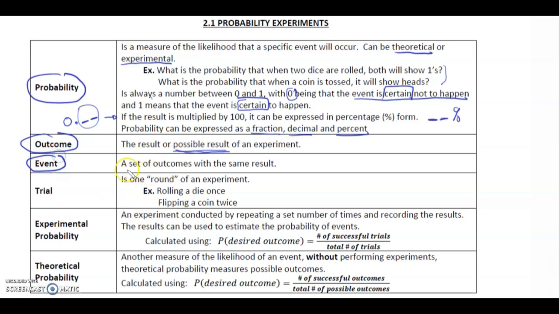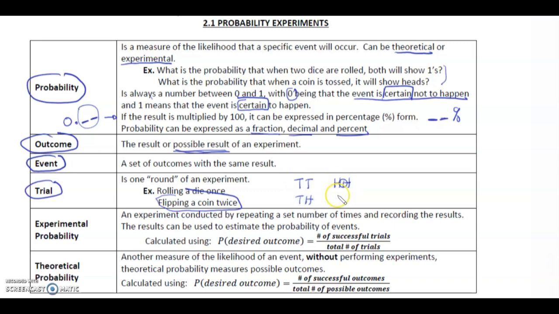Event. An event is a set of outcomes with the same result. Trial. A trial is one round of an experiment. So, for example, rolling a die once, flipping a coin twice, right? So, rolling a die once could be one trial. You could also have flipping a coin twice. So you could be saying like, okay, am I going to get tails and tails or tails and then heads?